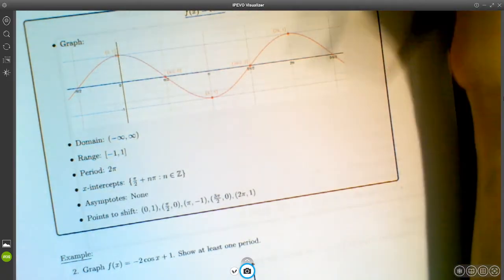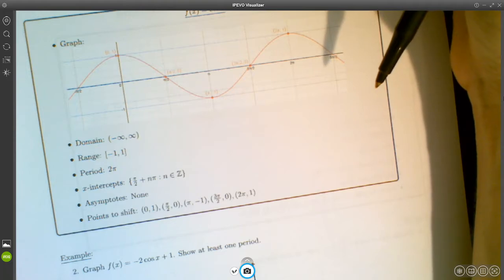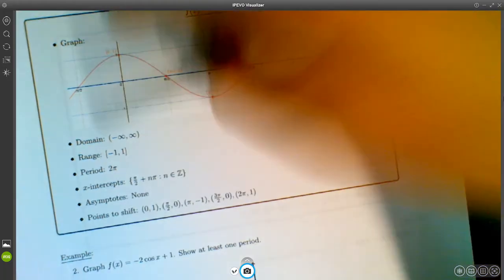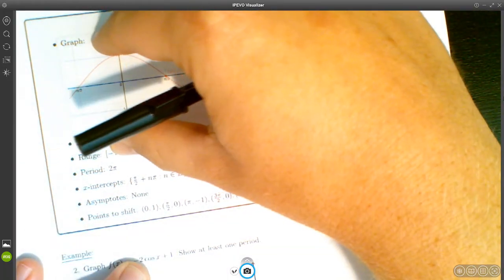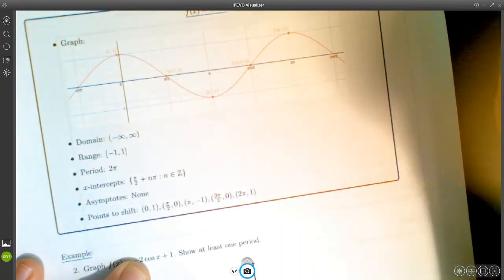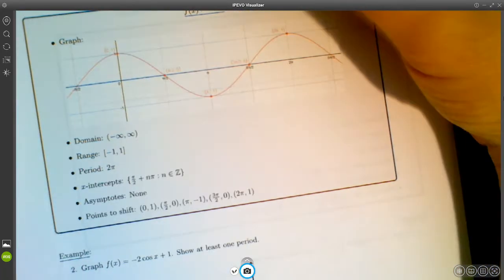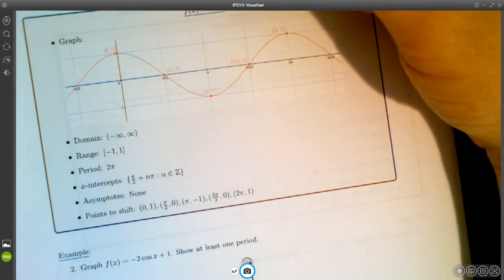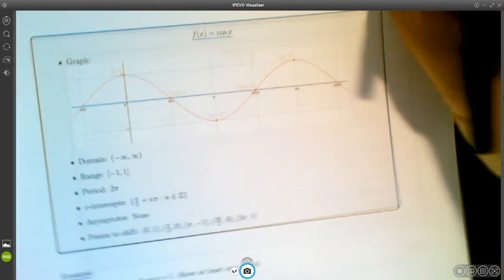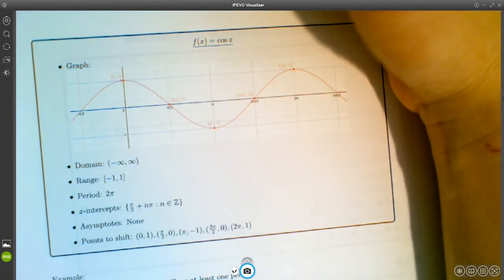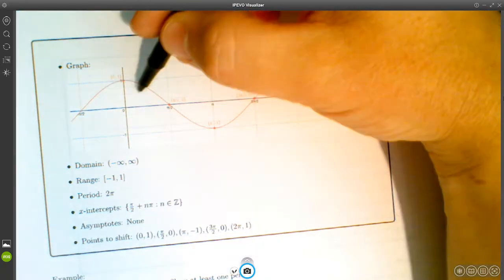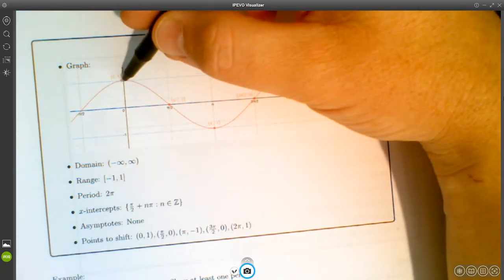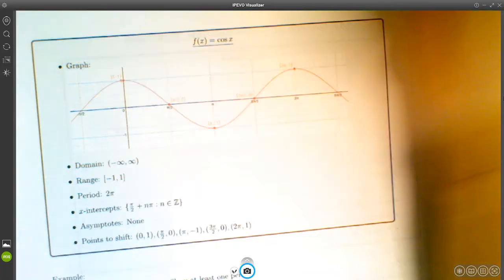But it's still the same kind of sinusoid, I guess you could say. If you take this graph and shift it to the right pi over 2 units, you get the sine function, which gives you the periodic identities for sine and cosine. But you can see clearly that this is just the sine function shifted left pi over 2 units.